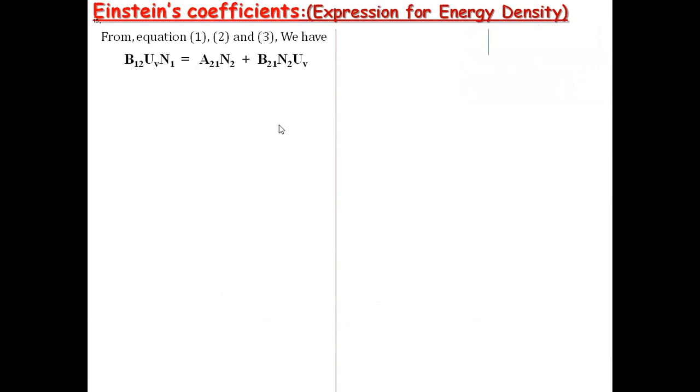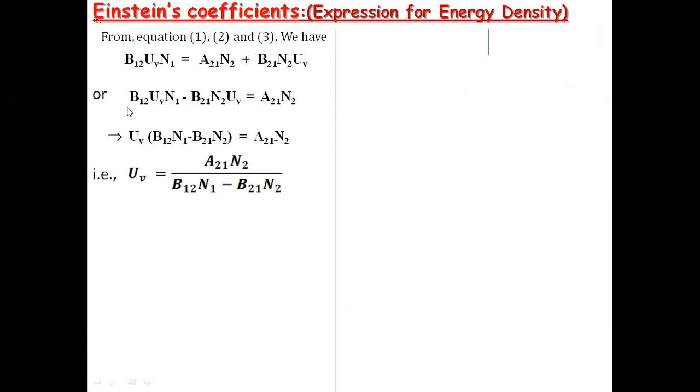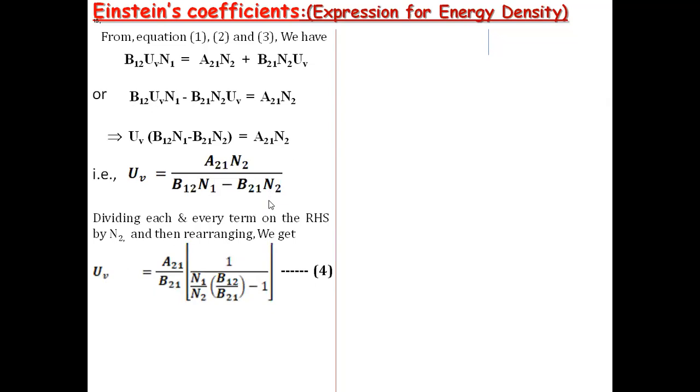And doing some algebra, I can show that the expression for energy density U nu will be like this. And again, simplifying that by taking some factors out, you will get this type of equation.